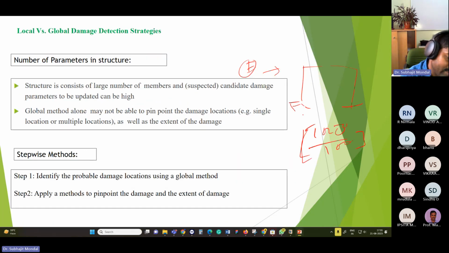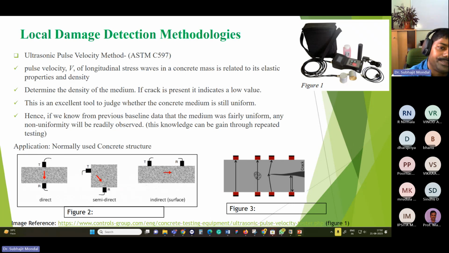Okay, here you can see that what I was discussing is the global method. The vibration-based method is a global method because you are measuring the frequency of the structure, which is global in nature. Apart from global methods, we can have local methods, such as the ultrasonic pulse velocity method. Here we provide a pulse at some frequency and see how much time it takes to travel.